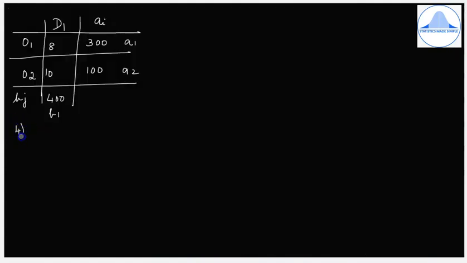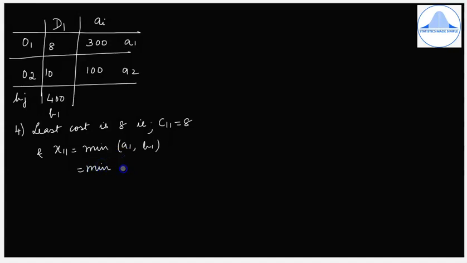The next least cost is 8. I have just rewritten the table with the remaining costs. So the least cost is 8. That is C11 is equal to 8 and X11 is minimum of A1 comma B1, which is equal to minimum of 300 comma 400.